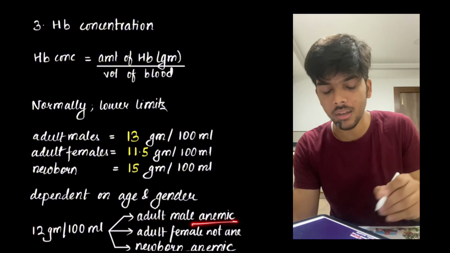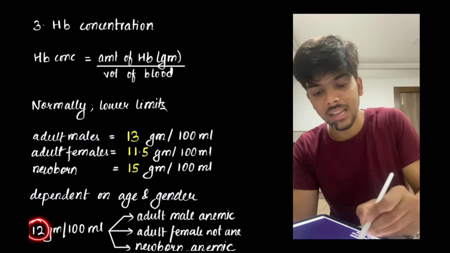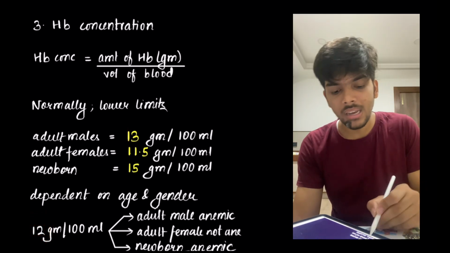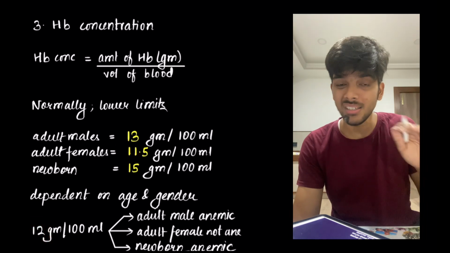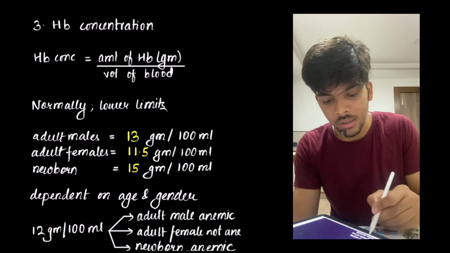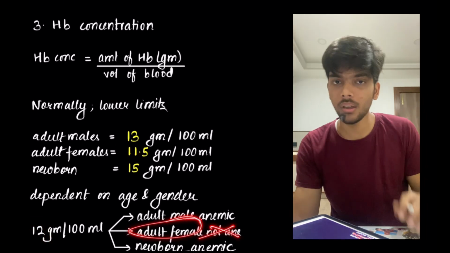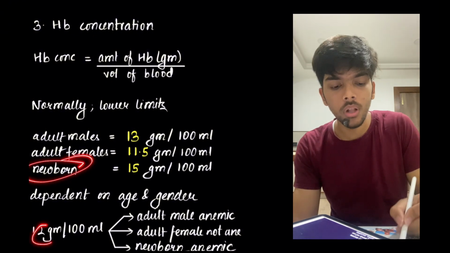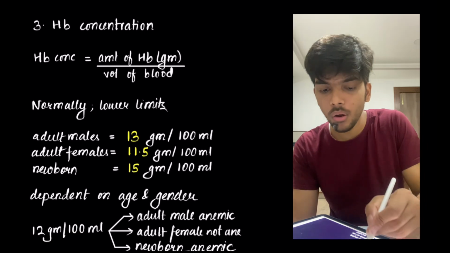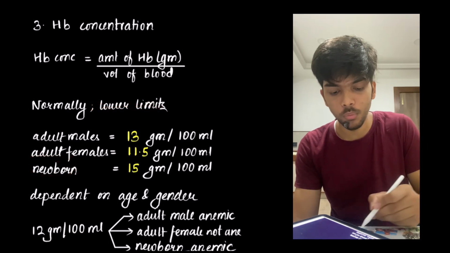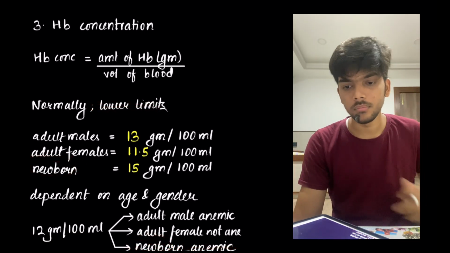So adult male is anemic. It is, 12 is less than the lower limit. In adult female, 12 is greater than 11.5. That is, it is more than the lower limit. So the adult female is not anemic. In newborn, 12 is less than 15, or the given value is less than the lower limit in newborn. So the newborn is anemic.